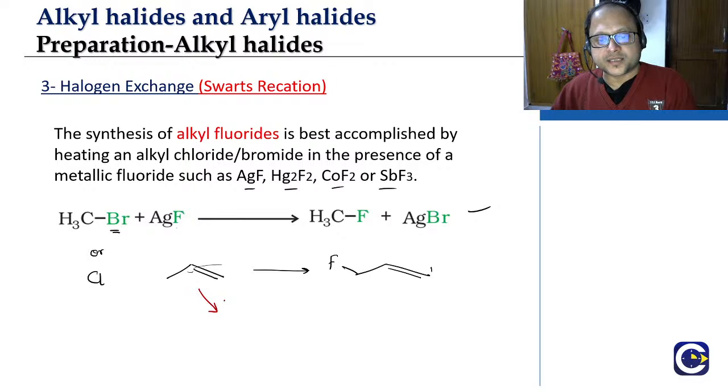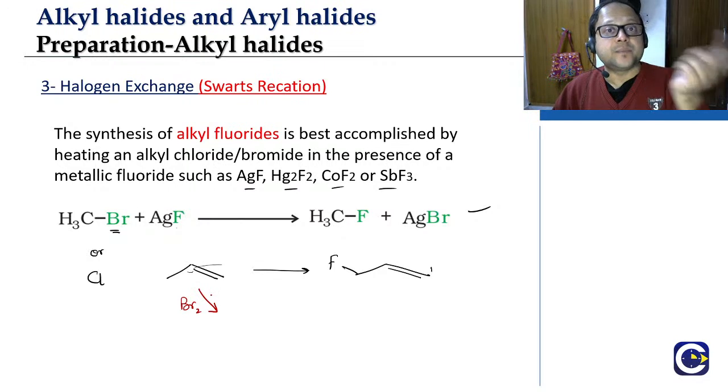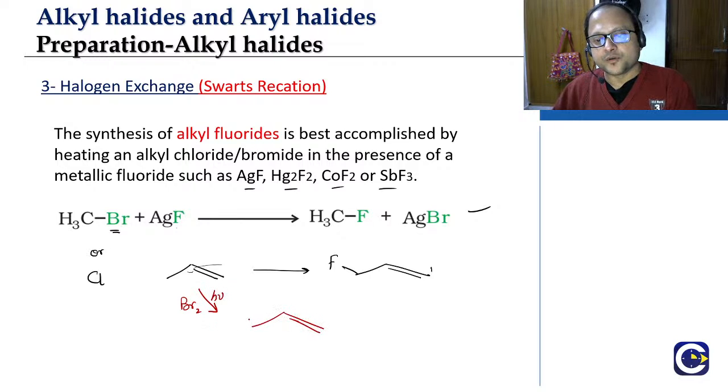So convert this first, allylic bromination has to be there, right? Say Br2 in presence of sunlight, or you can take NBS also, N-bromosuccinimide, with sunlight. So bromine will come over here, and then you do the Swarts reaction with AgF, and there you go.